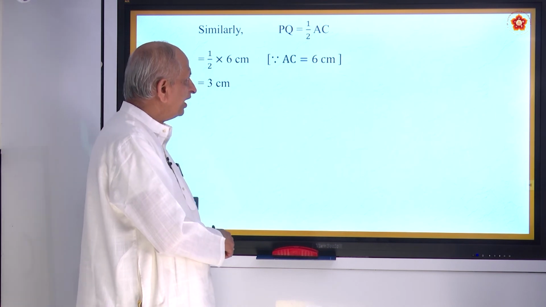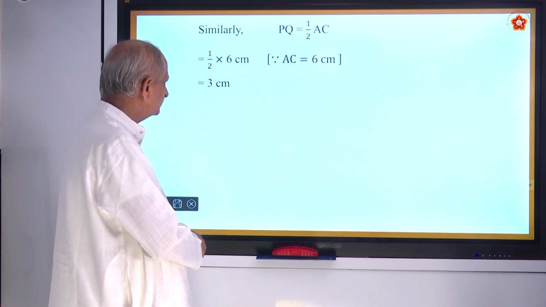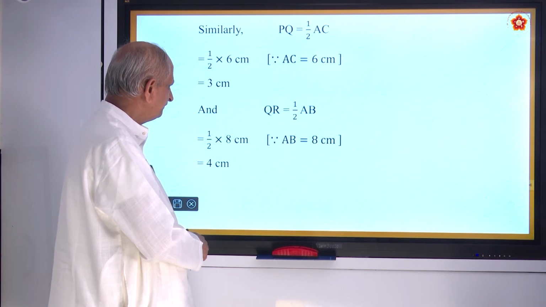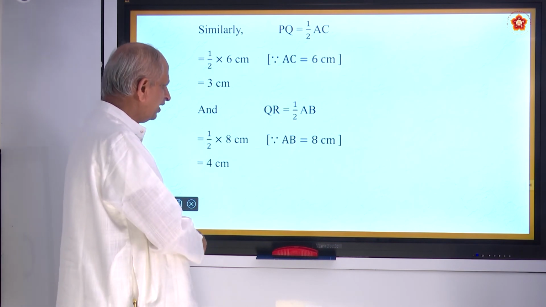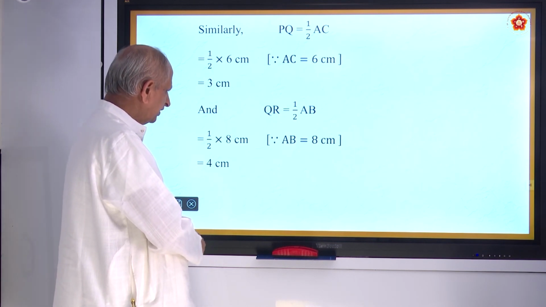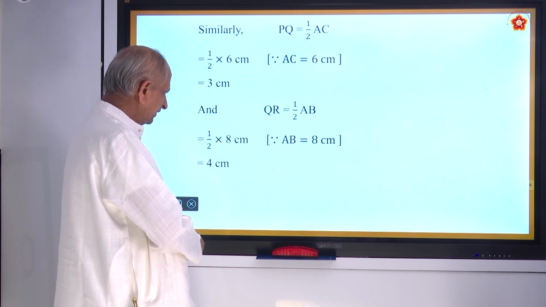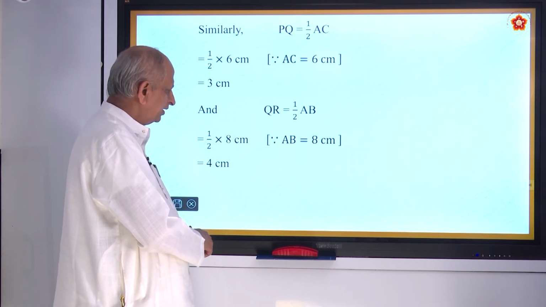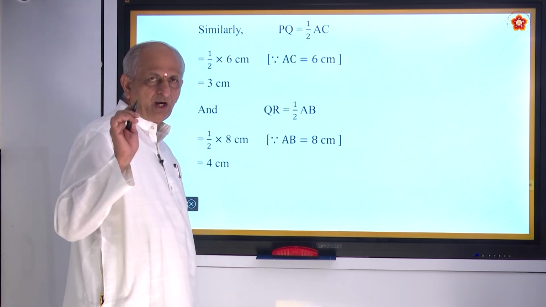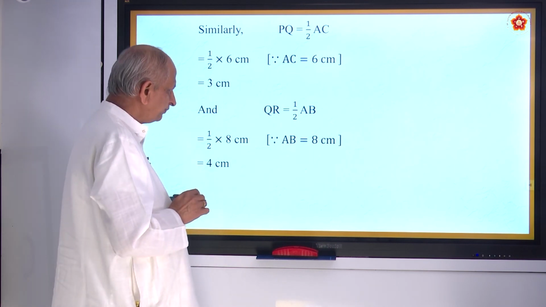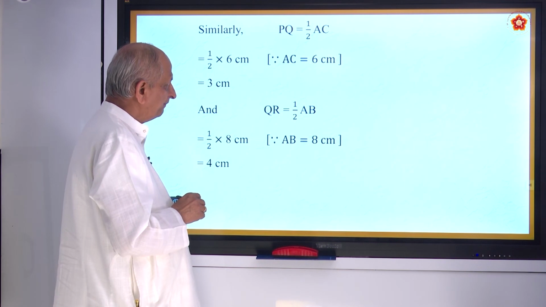PQ is half of AC, that is half of 6 centimeters, that is 3 centimeters. Lastly, QR is equal to half of AB, and half of 8 centimeters is 4 centimeters. On the converse of the midpoint theorem.